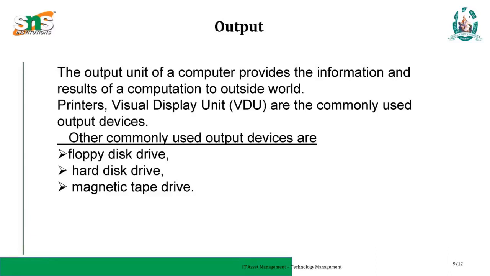For example, a printer or visual display unit: whatever you see virtually is through the output device. Commonly used devices include the floppy drive, disk drive, hard disk drive, or magnetic tape. Even printers and plotters, as I told you earlier, are output devices.